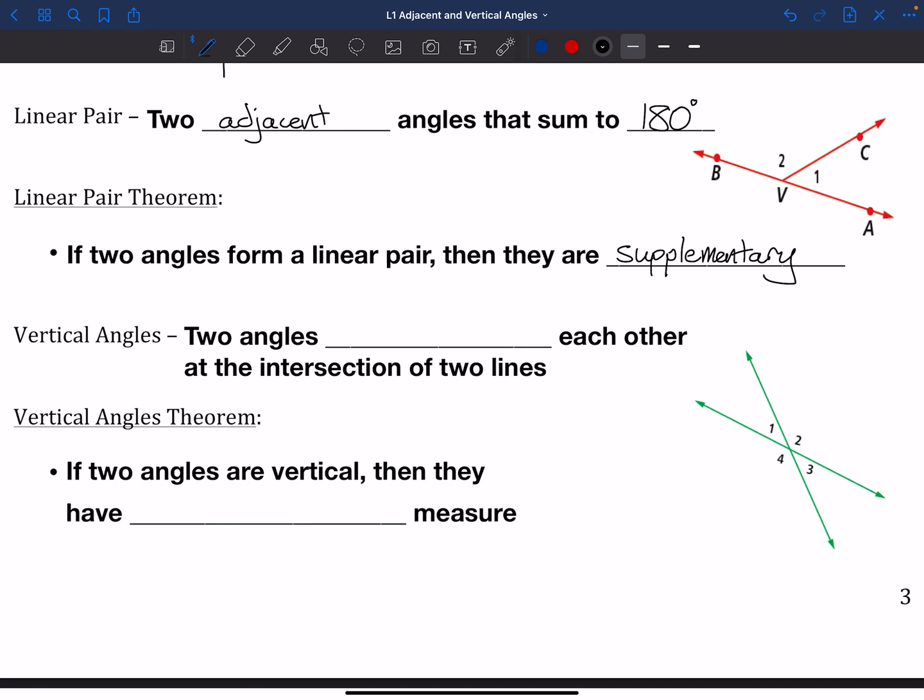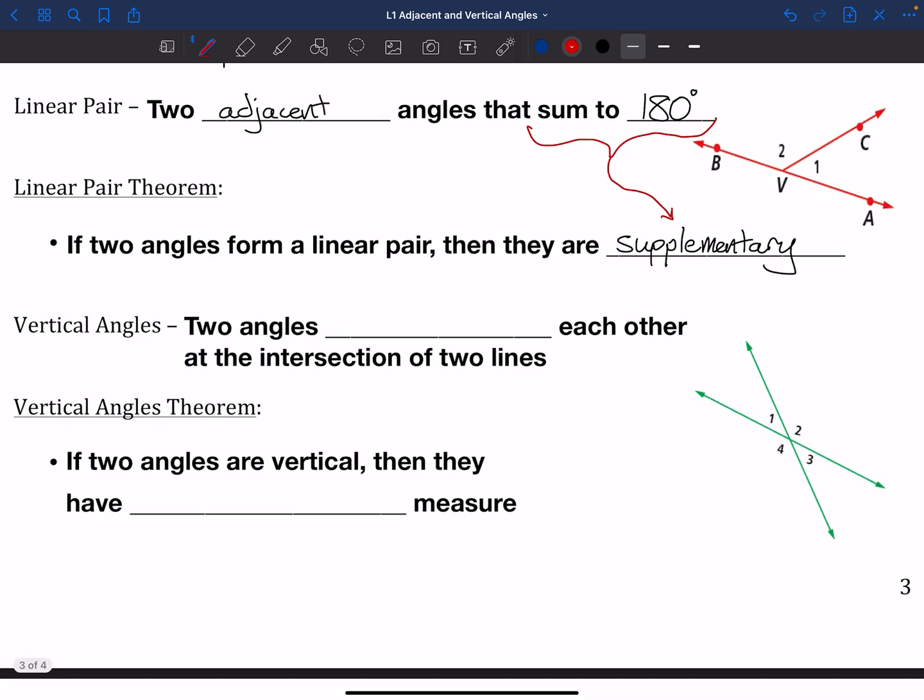You'd be right. Supplementary and summing to 180 are kind of saying the same thing, right? So sometimes theorems don't necessarily say anything like new or profound about what we're doing. Sometimes they just say the same thing a little differently, right? But, that's not so bad because it's a little easier to remember, right?